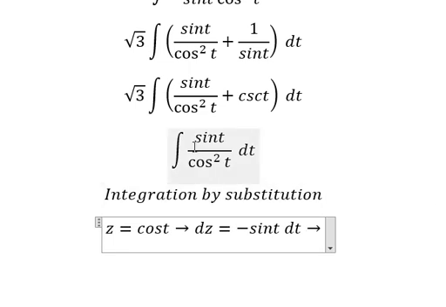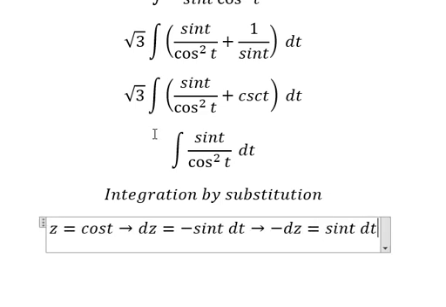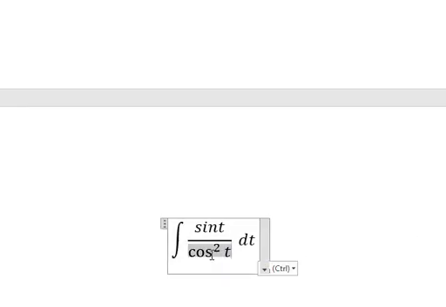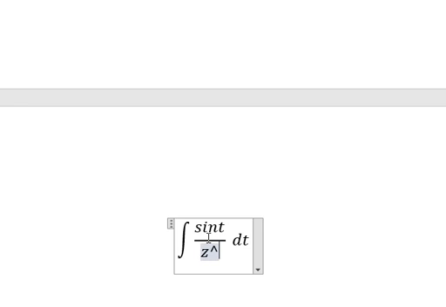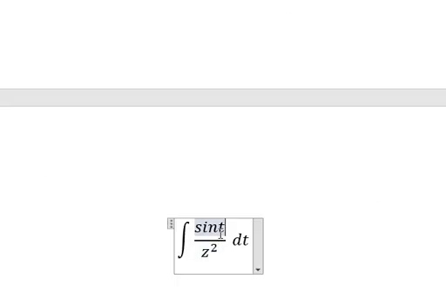Because we don't have the negative sign in here, I will put this one to the left. So cosine t we change by z. Sine t dt we change by negative dz.